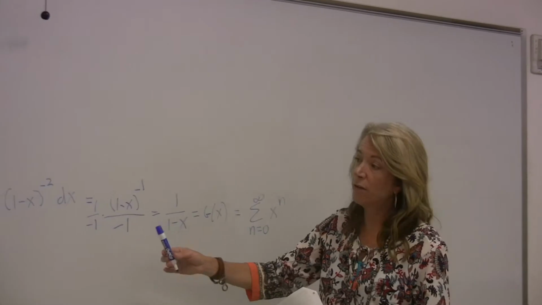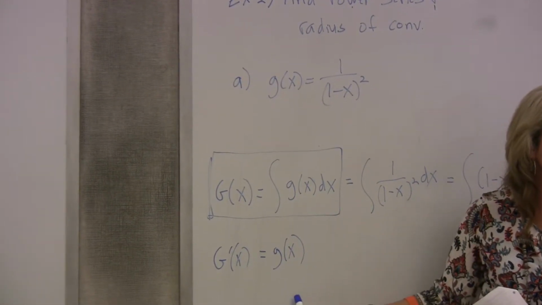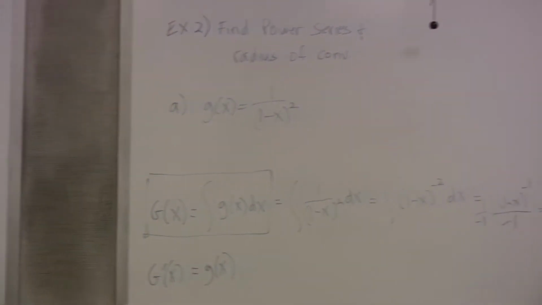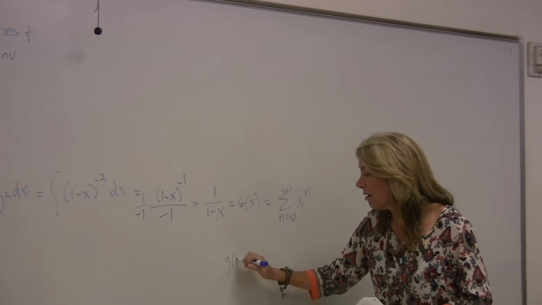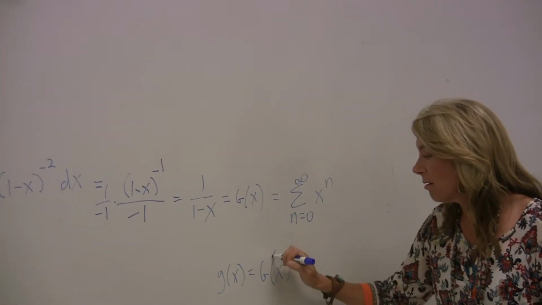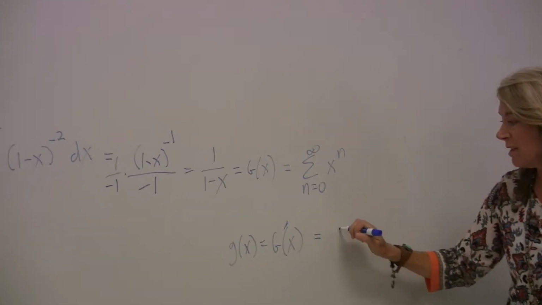This is why I had this conversation over here. If that's capital G of x, how do I get back to little g of x? Take the derivative, right? So little g of x, the original function, is the derivative of this guy.